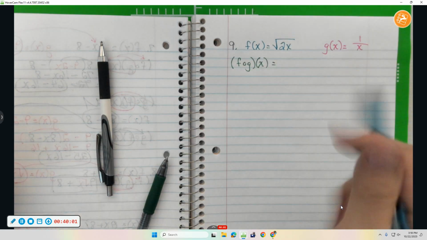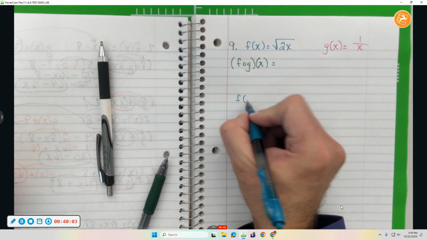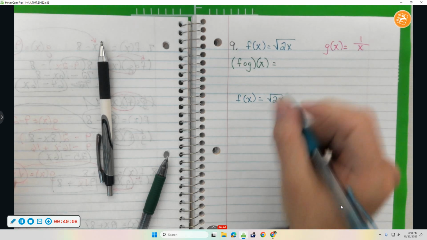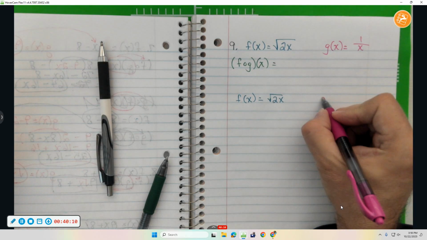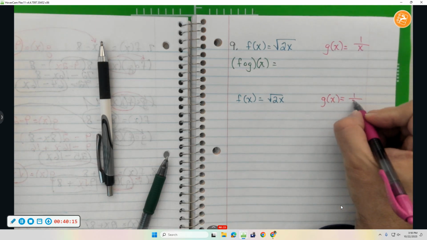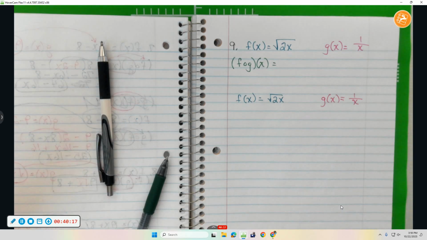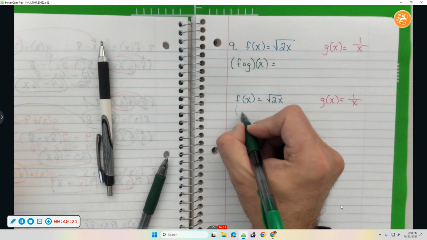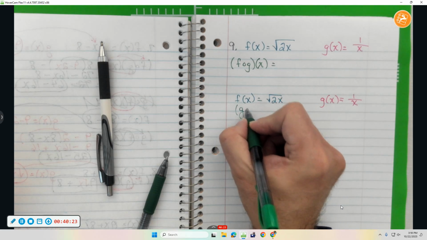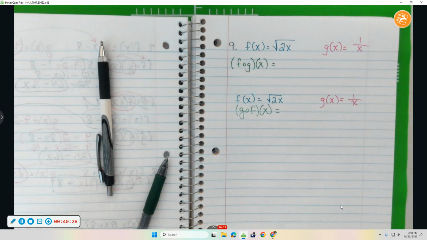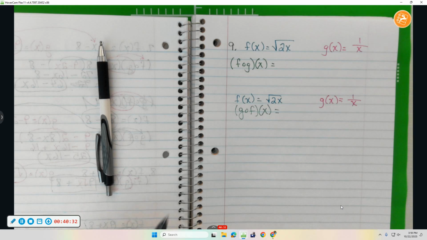I'm going to leave a little room. f of x, square root of 2x, g of x. Again, the reason I'm recopying these is just because with my arrows, it could look so messy. g composed with f. Oh wait, this green is the better one.